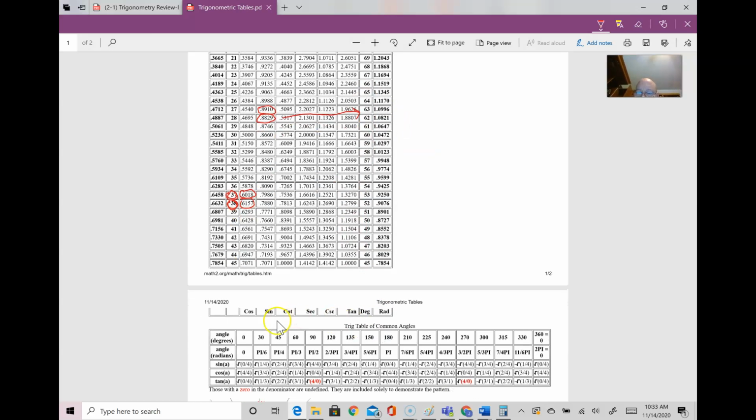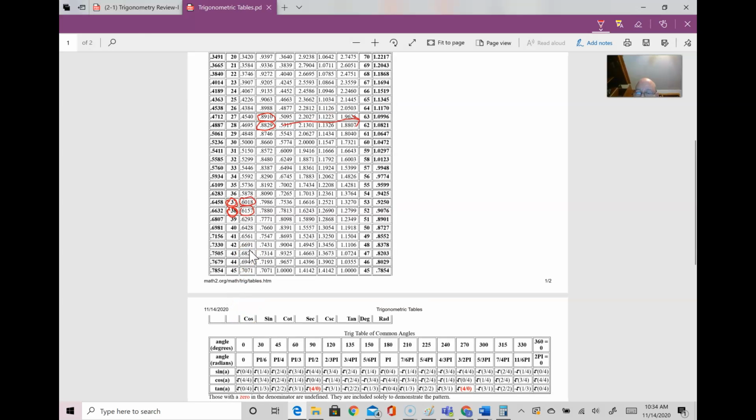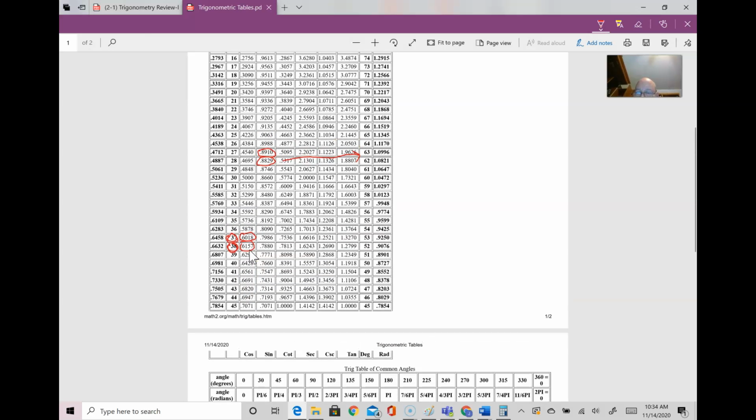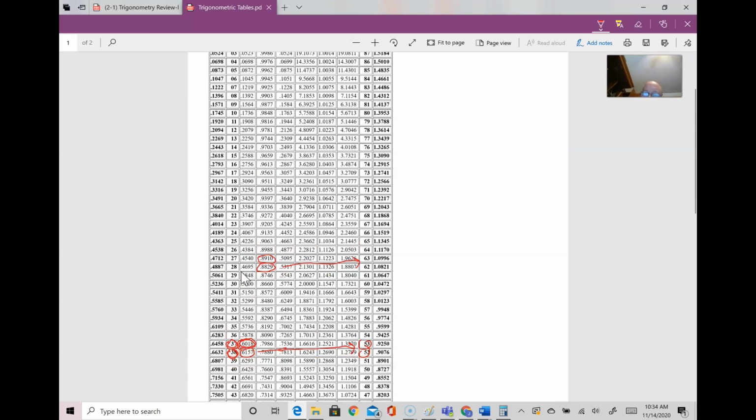If I see where the cosine is on my bottom row here, so cosine is this angle, and I go back to 0.6092, since I'm on the opposite side here, 0.6092 is now going to apply to 52 to 53 degrees. So my angle is going to be between 52 and 53 degrees for that.